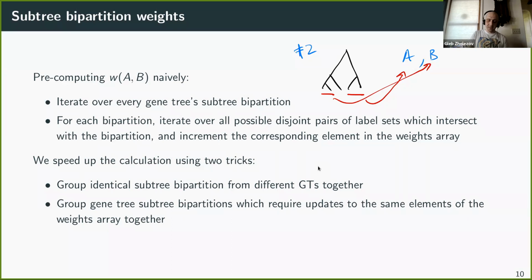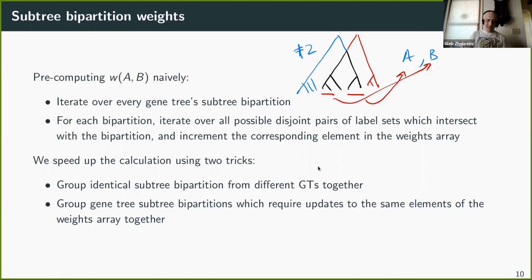If for instance we had a bigger gene tree, and there is another gene tree that has this as a subtree, then it doesn't really make sense to run all the calculations twice, right? Once you've done the calculations once, that's enough. You can maybe cache it somewhere and then plug it into your array over and over again.